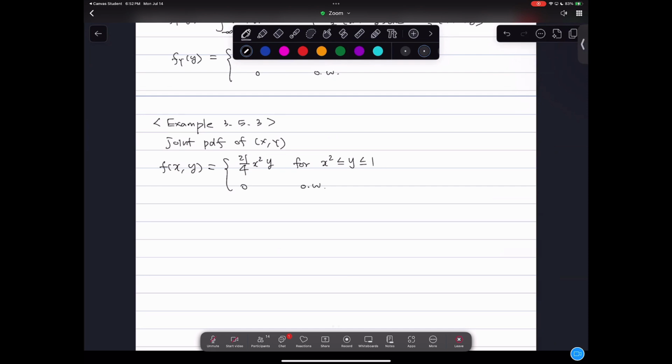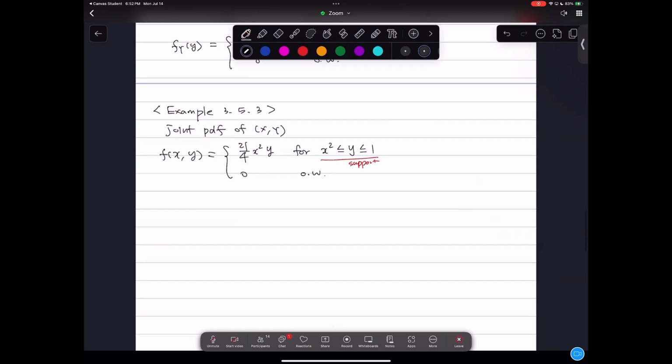So your support is not just a rectangular region, it's a little different. This is where your density is defined, so I have to think about the support of the density, the distribution.